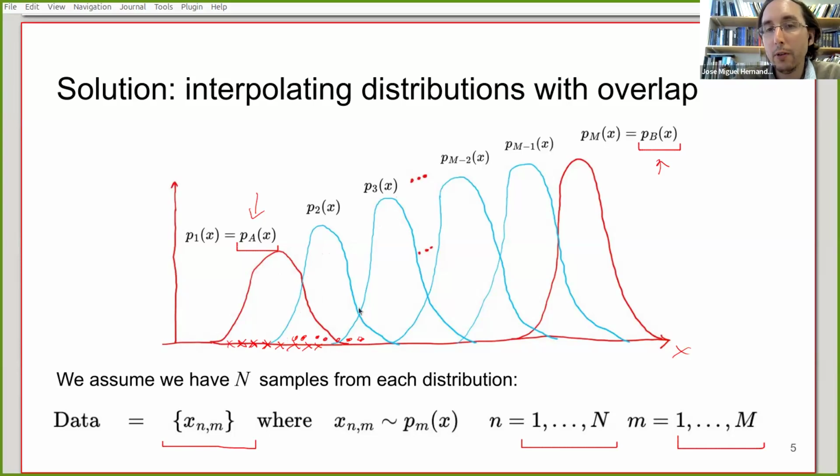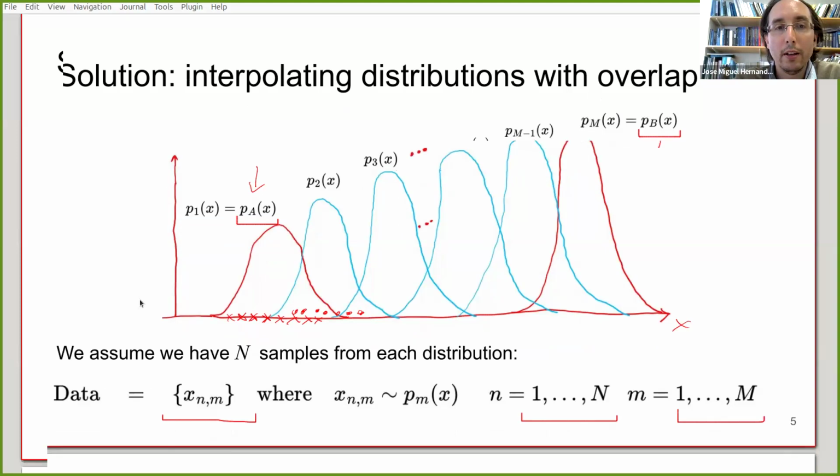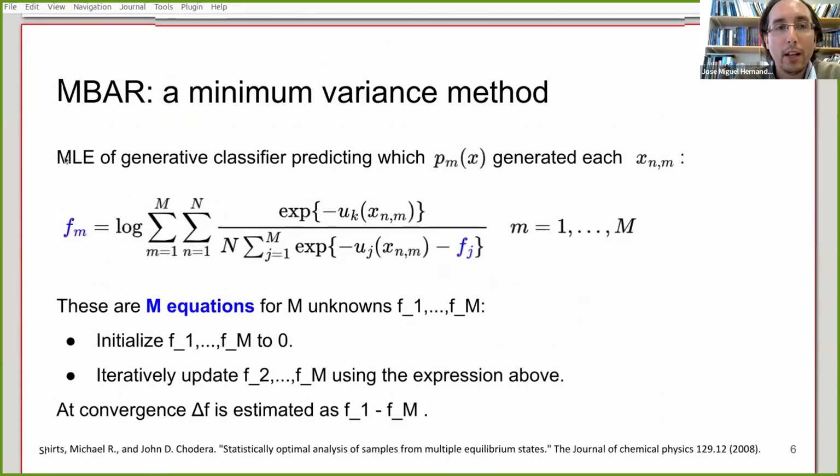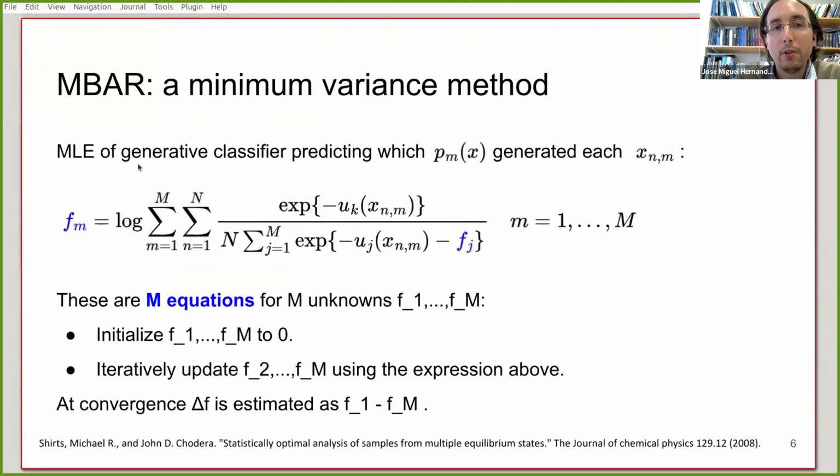So if you maximize the likelihood of a model where the only free parameters are the height of these distributions, you will be able to estimate that right height by maximizing the likelihood. This is what this method MBAR does, and you can understand it, as I said, as a maximum likelihood solution for a generative classifier predicting from which distribution each of the samples belongs to.